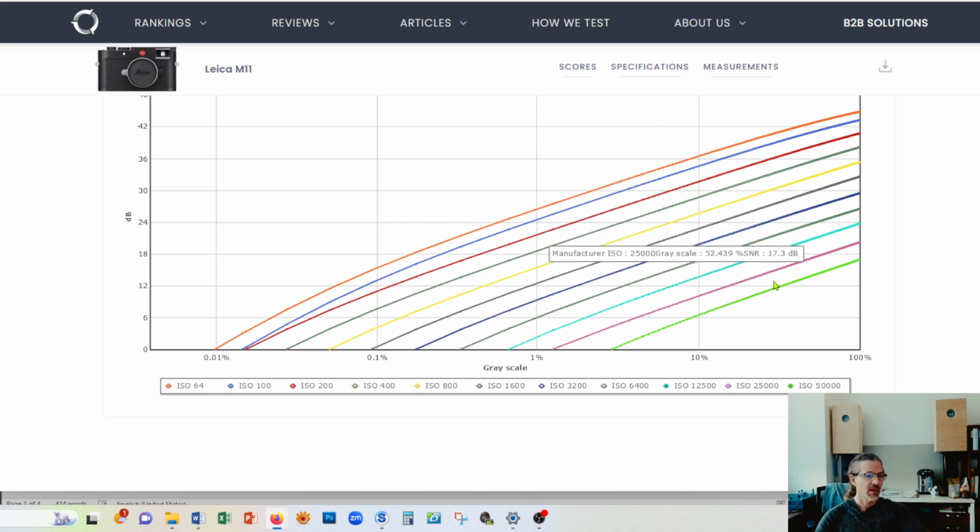Because look at that, if we use the Leica M11 at the 50,000 ISO range, then at full contrast situation, it can resolve just under 17 dB at full saturation, 17 dB. Let's see, what would it be at 100 ISO? 17 dB would be like 0.2% saturation.